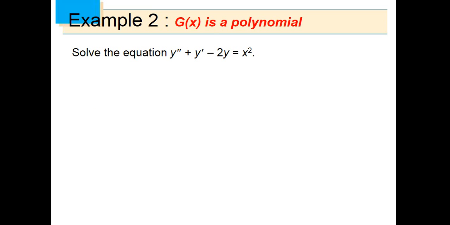Okay, another type of function that the undetermined coefficient can also process is the polynomial. You see this x squared here, so it could be viewed as a second degree polynomial. Even if you don't see an x here and a 1, this is still to be viewed as a complete polynomial when we process this original higher order DE using the method of undetermined coefficients.